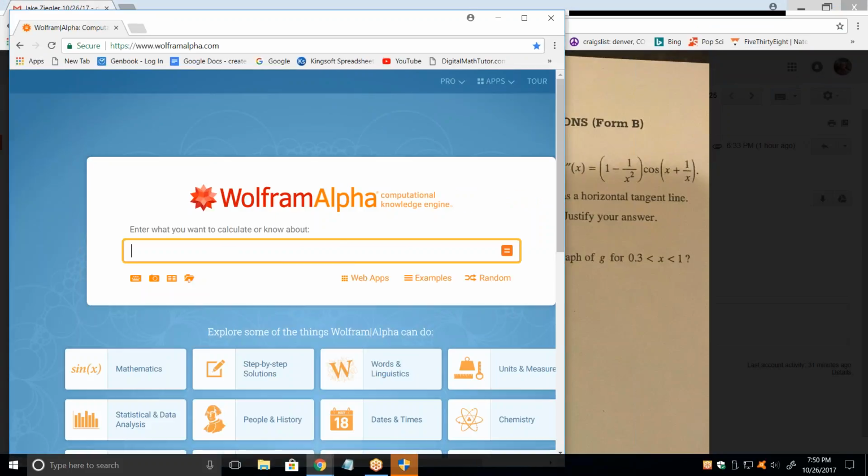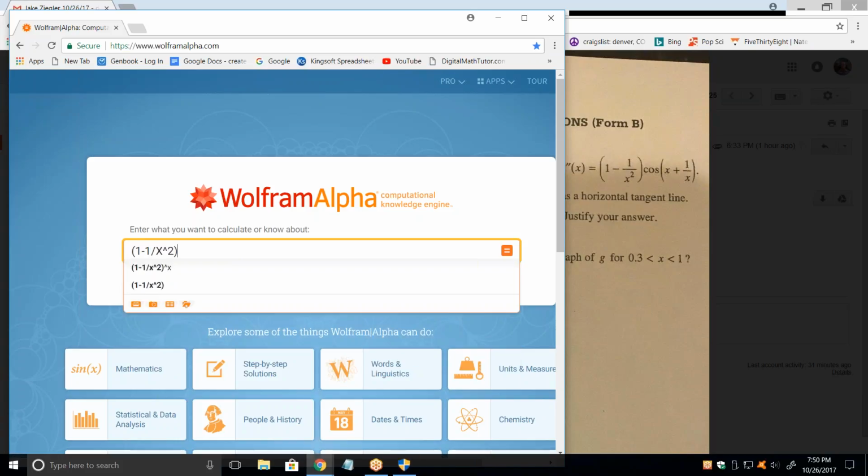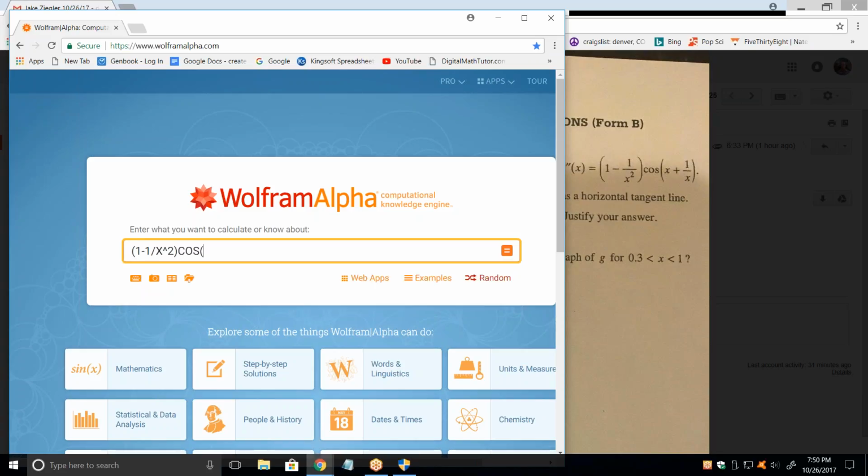This function, the second derivative, they want to know where this function is equal to 0. So the function is 1 minus 1 divided by x raised to the 2 times cosine of x plus x raised to the minus 1.